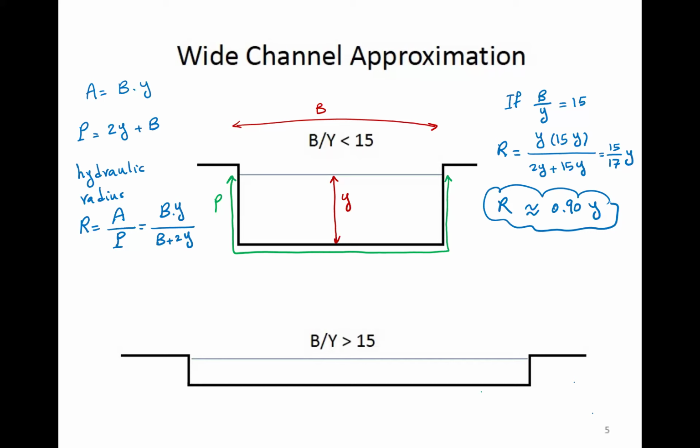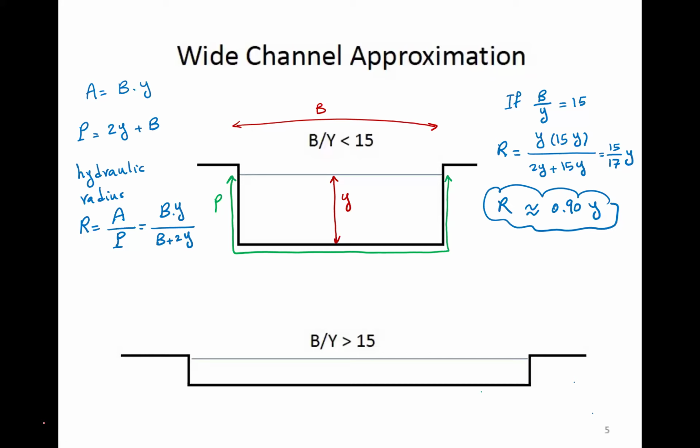But this is telling us that if the width of the channel is super wide, starting at 15, you're 90% close to depth. So you can assume that your hydraulic radius is almost equal to depth and make life a lot easier because calculations will be much easier, right? That's what it basically is telling us.